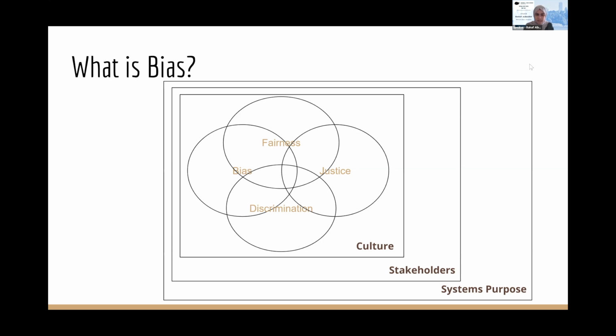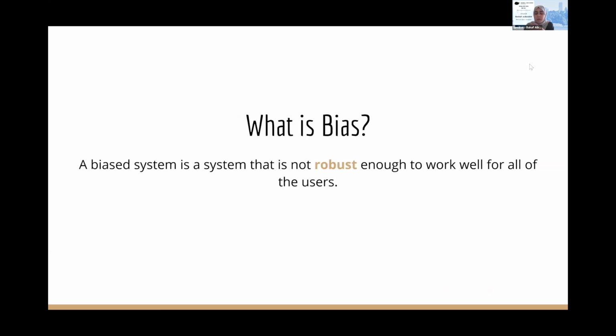Let's try to put this in a more specific way, or let's say a start point for us to have a better definition of bias, which I like to put in a robustness context. So in my opinion, bias is well defined if we say that a biased system is a system that is not robust enough to work well for all of the users that we have.